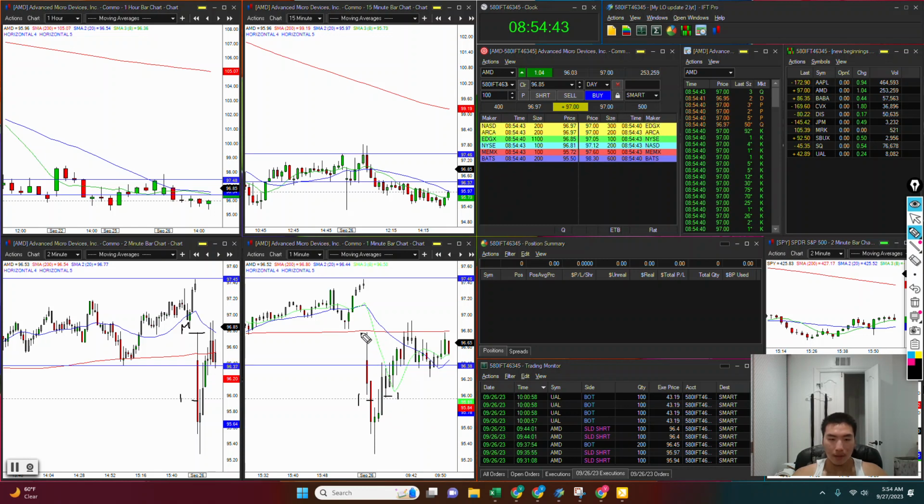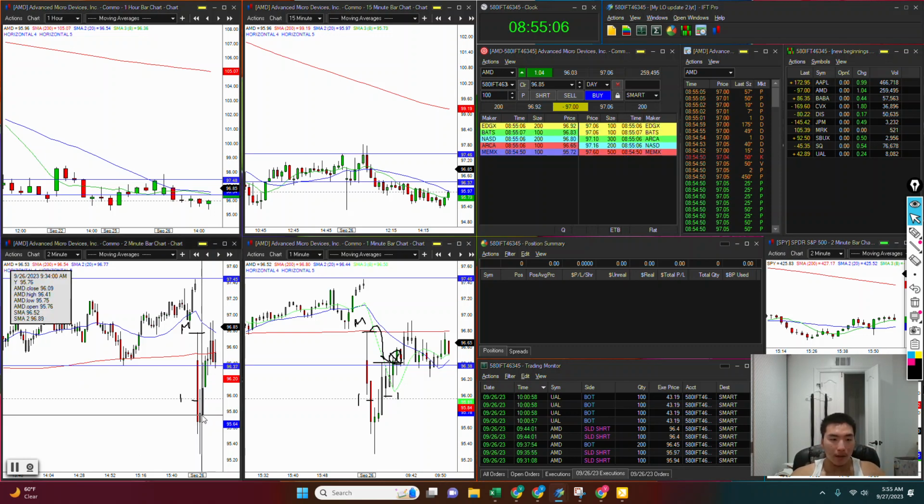And now my max loss, I dropped it real tight over the top right here and got stopped out at around 96.45, somewhere around there. 96.45. Let's see, 9:35. So I added on this bar.